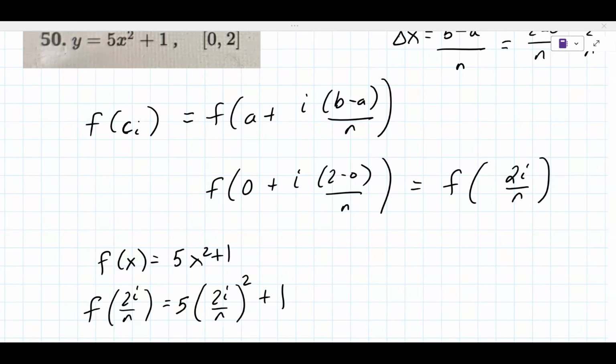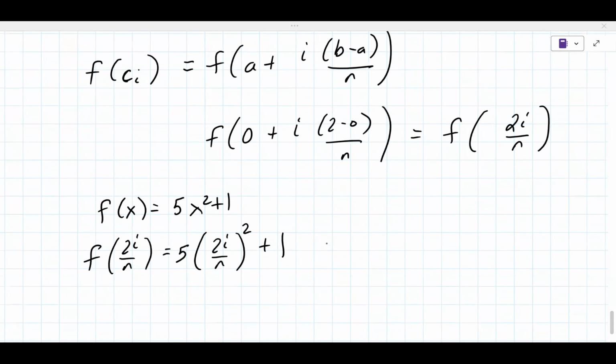Yes, 20i squared over n squared plus 1. There you go. Good.